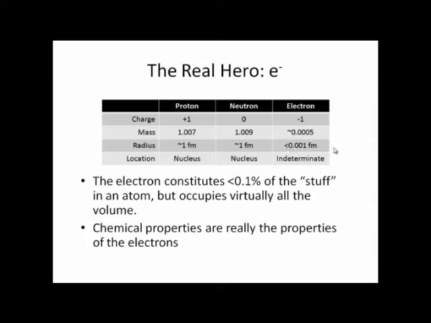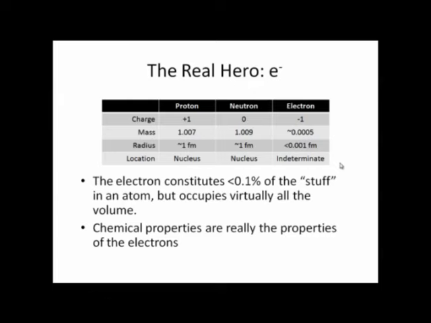What happens when you get objects that are very small and very light is that we start to have to be concerned with quantum mechanics, with the idea that we can't really say where that object is as a particular point in space and how quickly it is moving. Its location becomes indeterminate. And so these electrons, which are very light and very tiny, are in fact occupying all at once virtually all of the volume or the space around an atom.